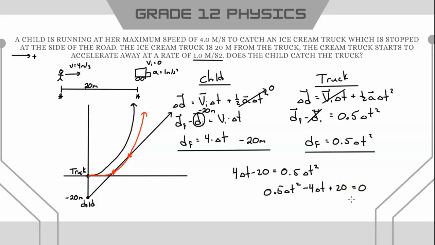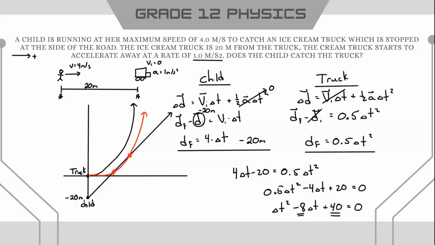All right, so you can do your quadratic equation, or if you really like factoring, you can multiply everything by 2 so it looks nice. So you have delta t squared minus 8 delta t plus 40 is equal to 0. So just by factoring, the question is, what two numbers multiply to give you 40, but add to give you negative 8?